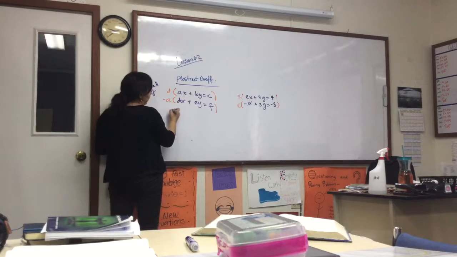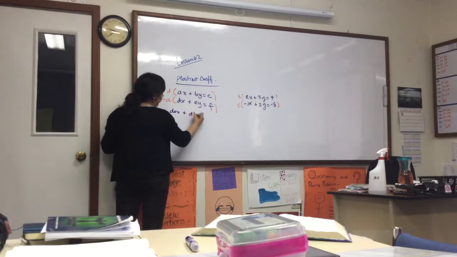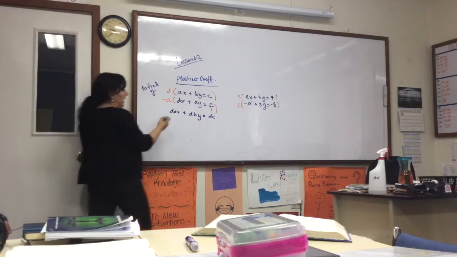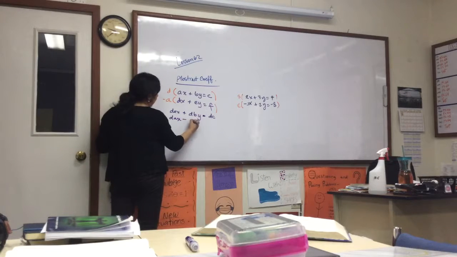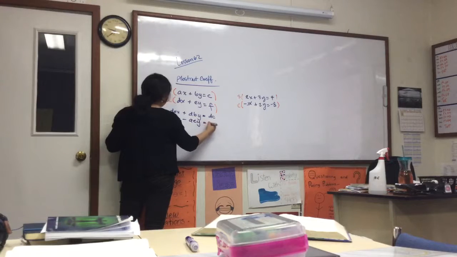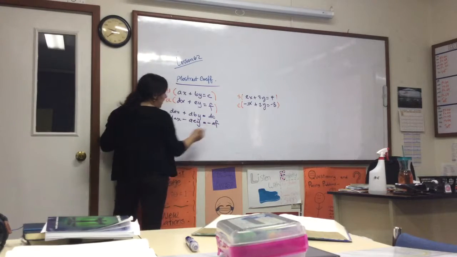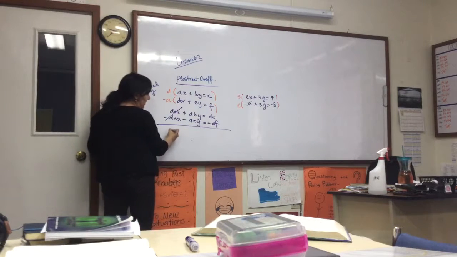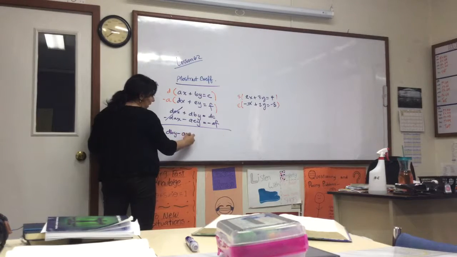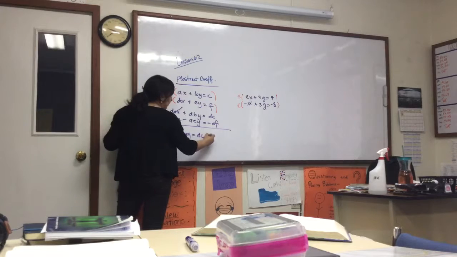So I'm going to have dax plus dby equals dc, right? Yes. And in the bottom I'm going to have negative dax minus aey equals minus af, correct? This one goes away, and I'm left with dby minus aey equals dc minus af.